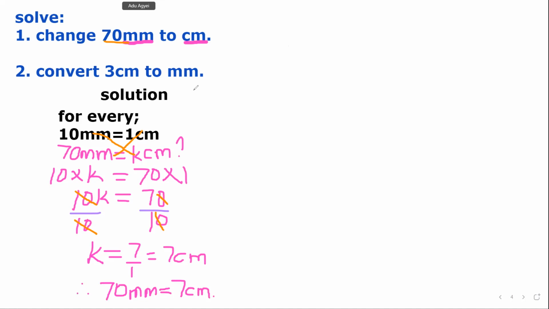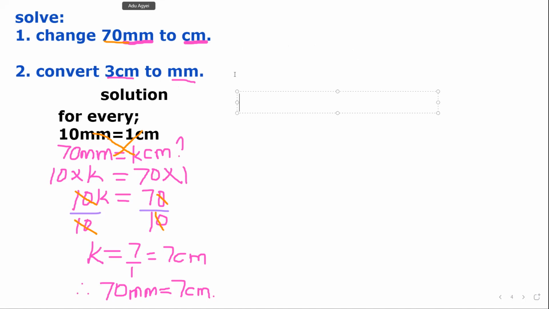Now we are going to change, or convert, 3 centimeters to millimeters. Like what I said earlier on, you first do the standard, the difference between the centimeters and millimeters here. You have already written the solution, so I'm not going to write the solution again.